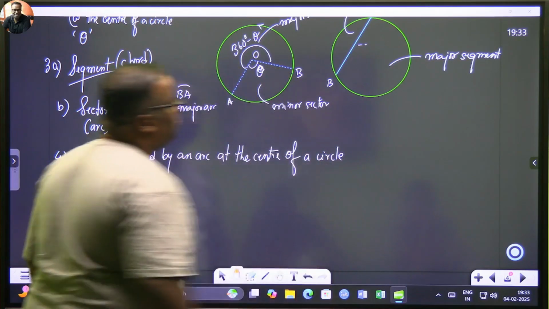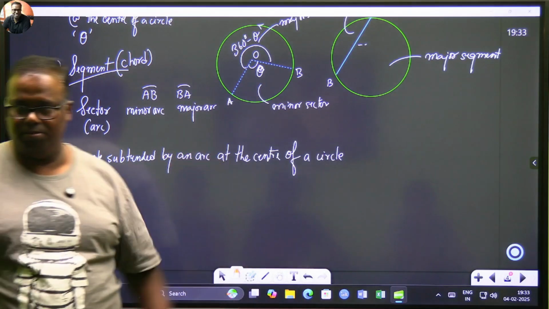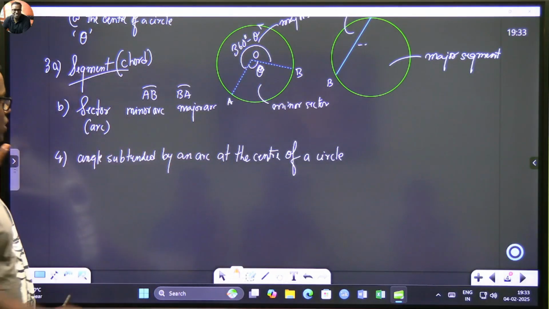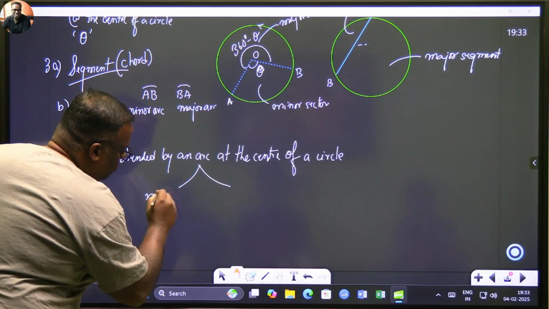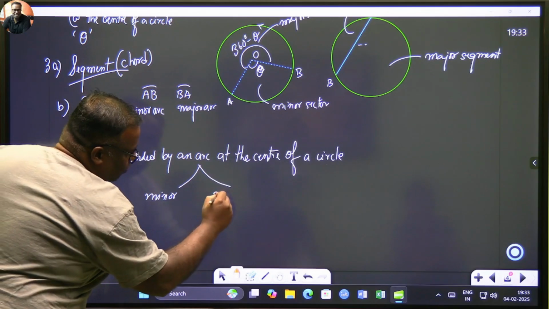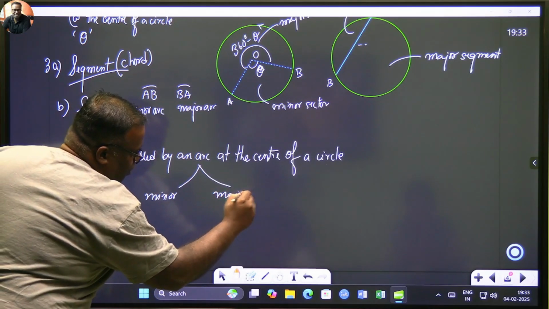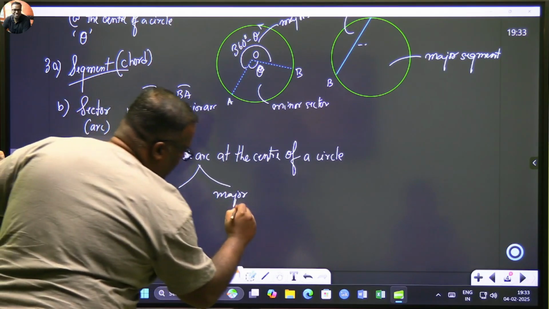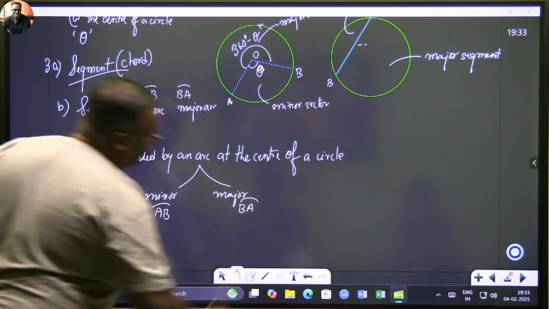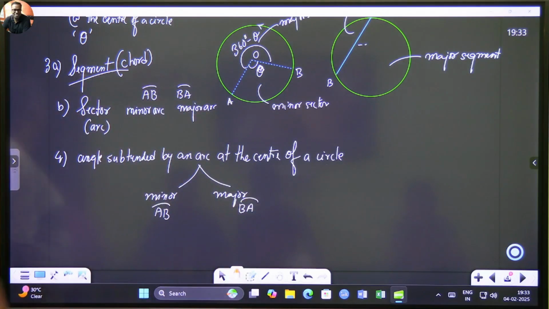Angle subtended by an arc at the center of a circle. Now, when we talk about an arc, obviously there will be two arcs. One will be a minor arc and one will be a major arc. If I look at my example, AB is my minor arc and BA is my major arc. Have you understood?